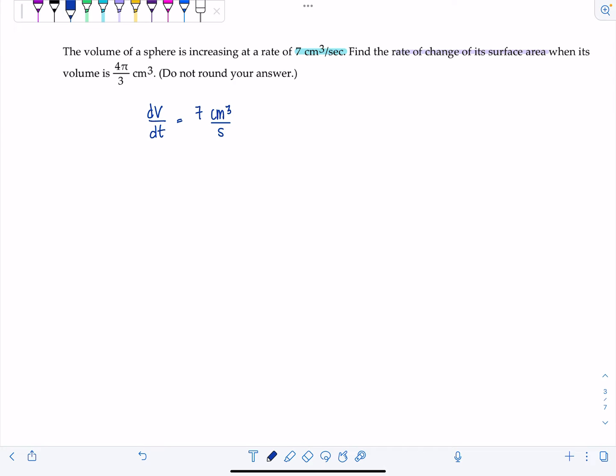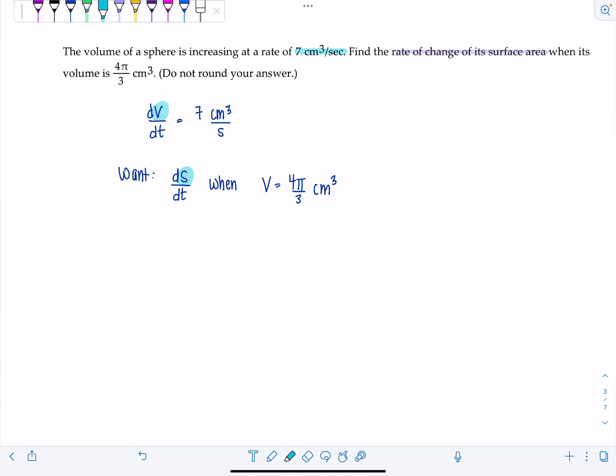So what they want is dS/dt, if S represents surface area, when the volume is 4/3 pi centimeters cubed. Okay, so do we have a formula that relates the volume and surface area of a sphere?